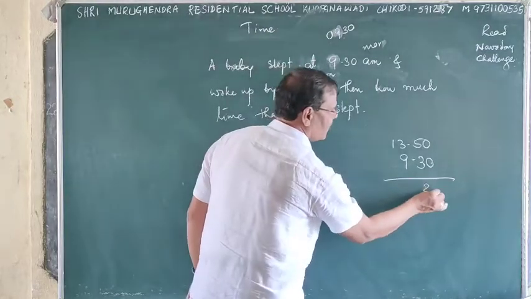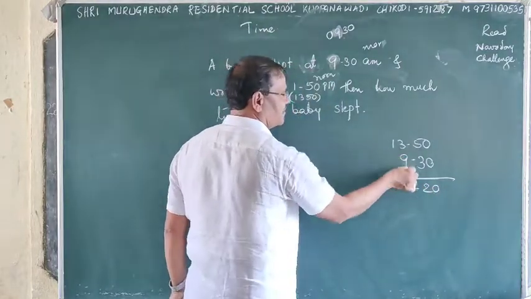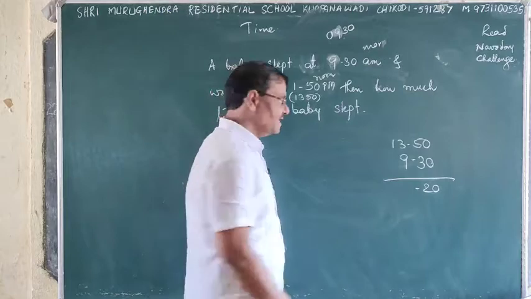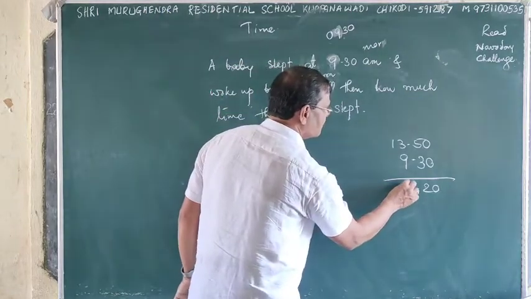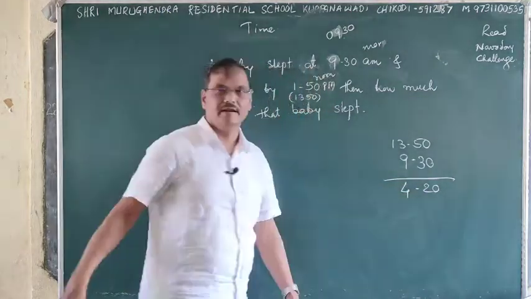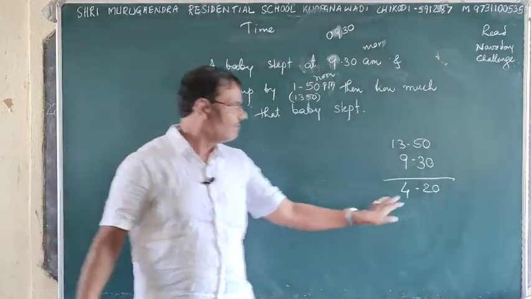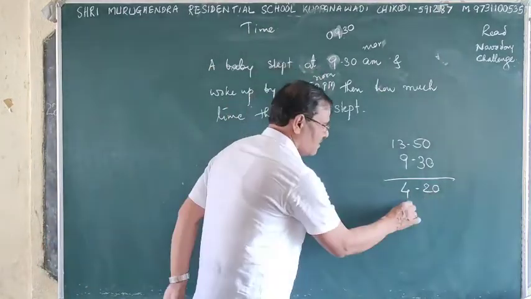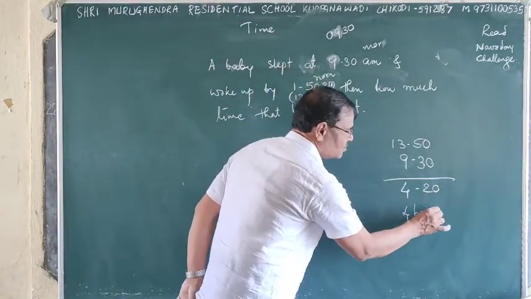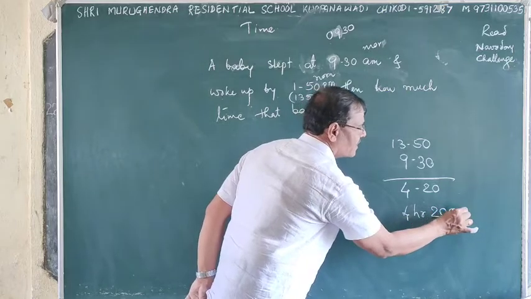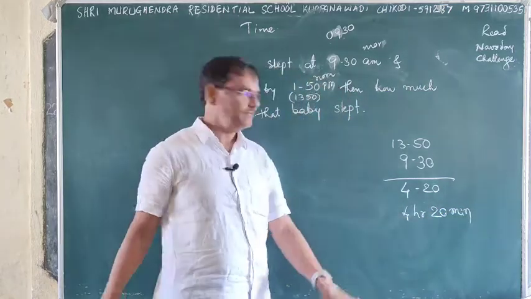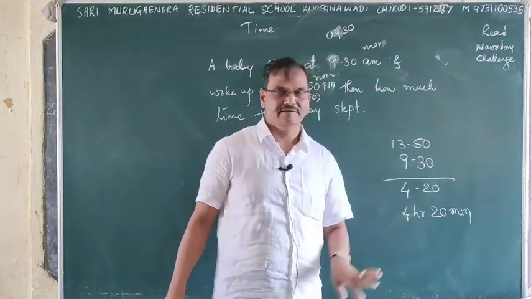That is 20 minutes, and 13 minus 9 is 4. That baby slept 4 hours 20 minutes.